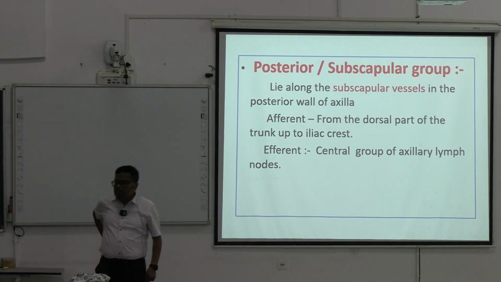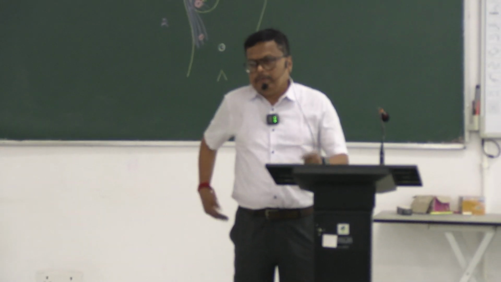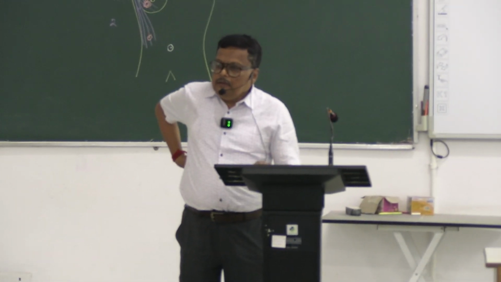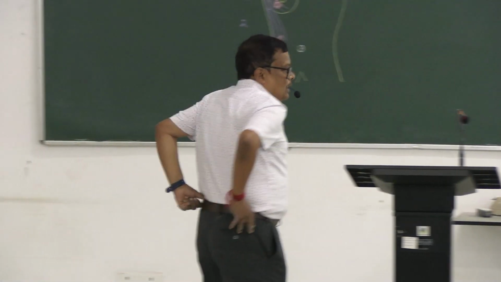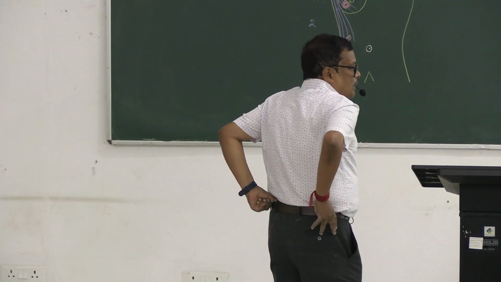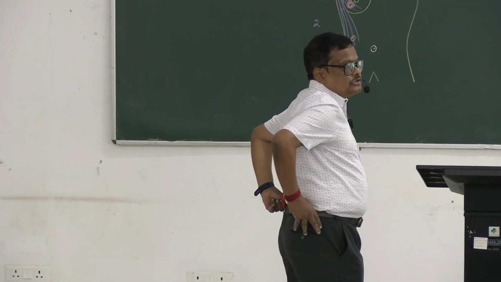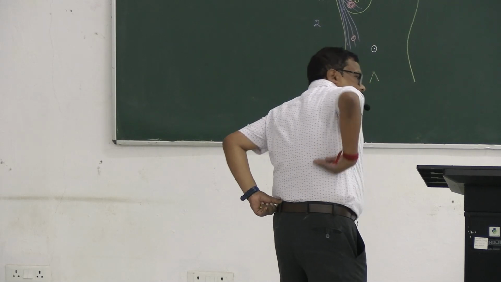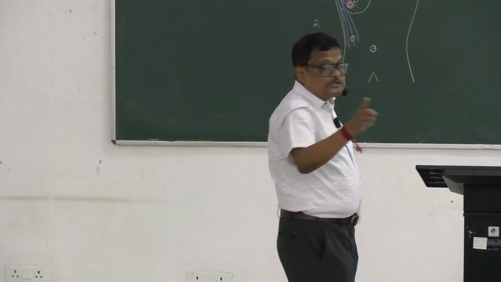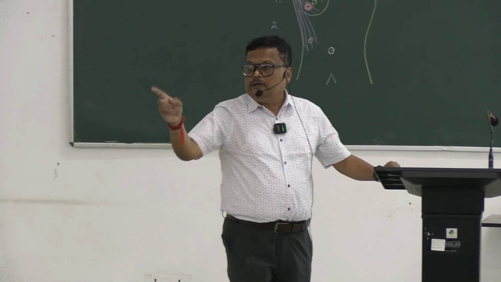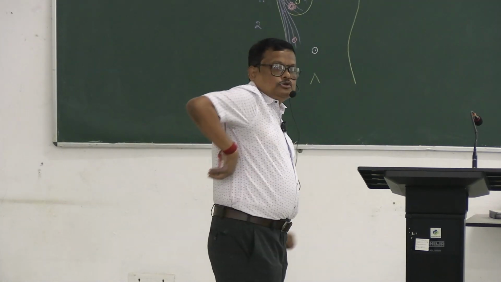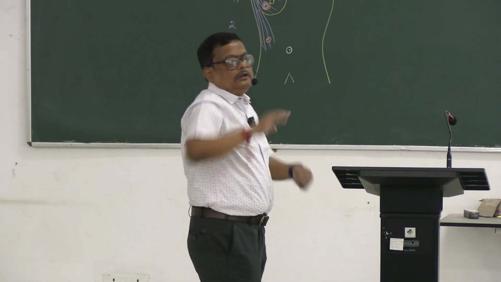Iliac crest, at the level of the umbilicus it is the same thing. So above the umbilical level, if you put your hand here, there is a bony part, it is called the iliac crest. So above the iliac crest, the cutaneous lymphatics of the skin and subcutaneous tissue go to the posterior wall lymph nodes.